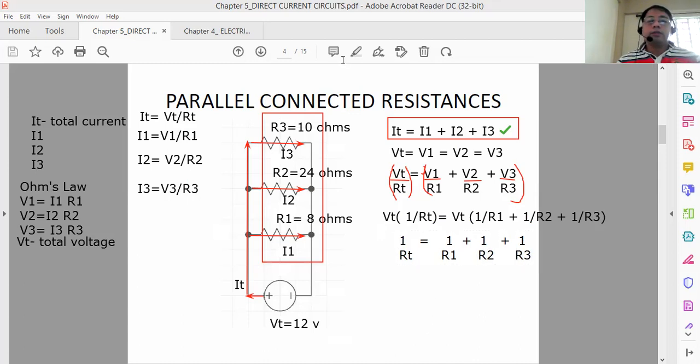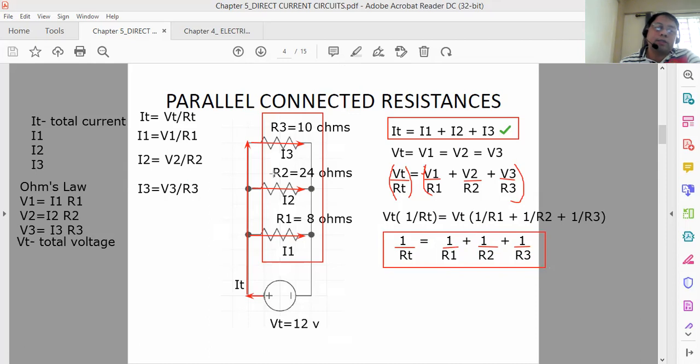Okay, so now since we are dividing it, we have this relationship. We can get the total resistance by getting the sum of the reciprocals of each of our resistances. So this is quite challenging compared to our series connection, where we simply add the individual resistances.